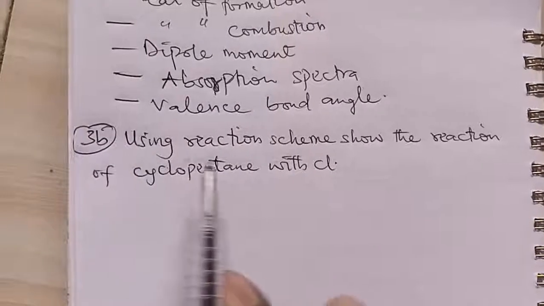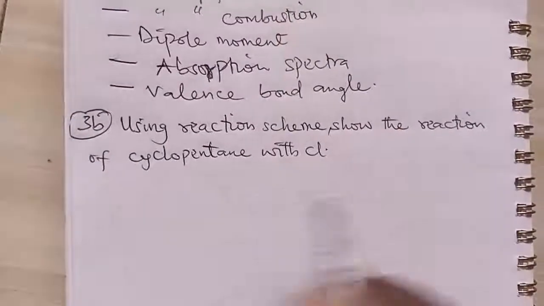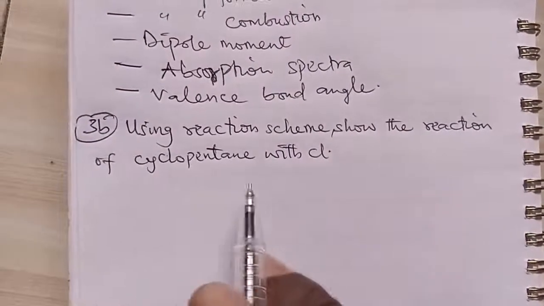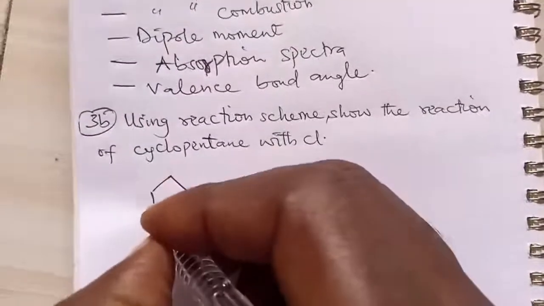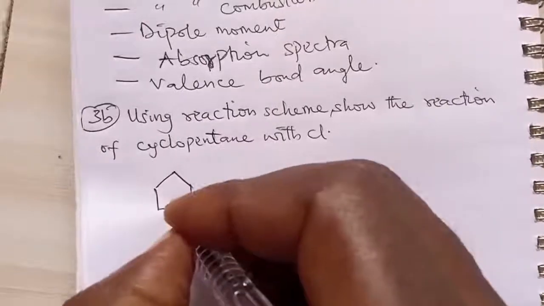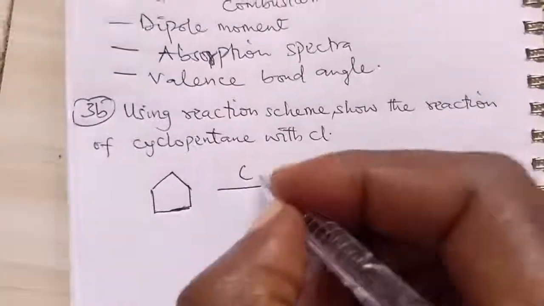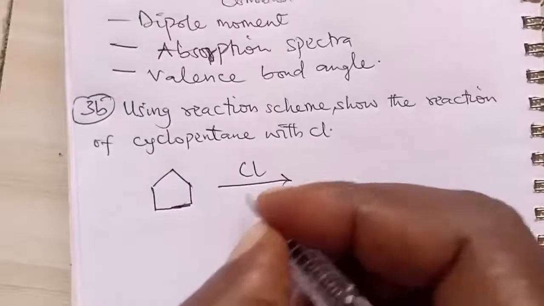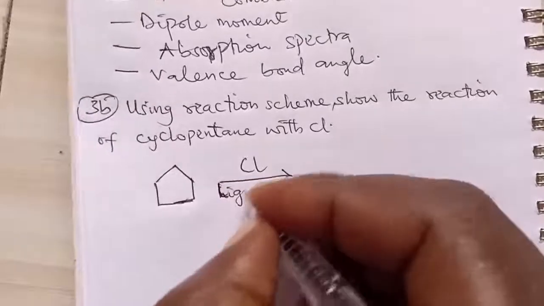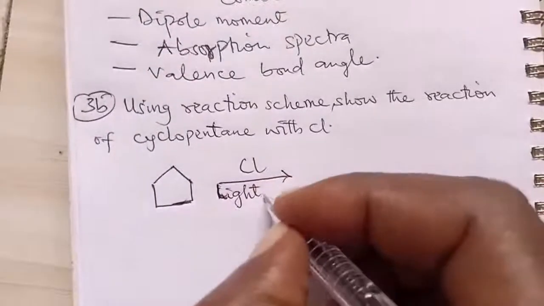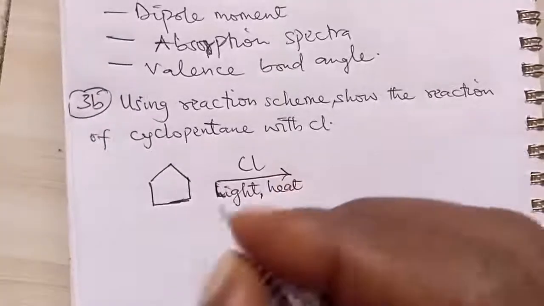3b says, using a reaction scheme, show the reaction of cyclopentane with chlorine. So if this is cyclopentane and you react it with chlorine, this must happen in the presence of light because chlorine is sensitive to light. So either light or heat, two of them.